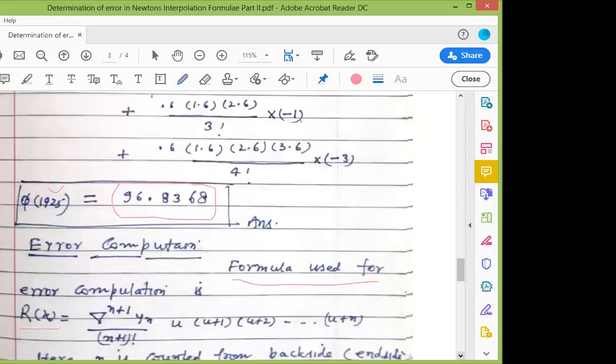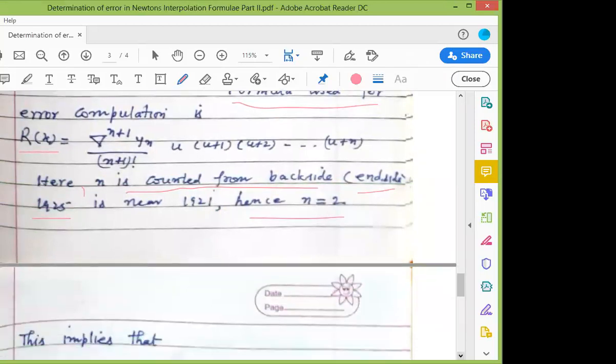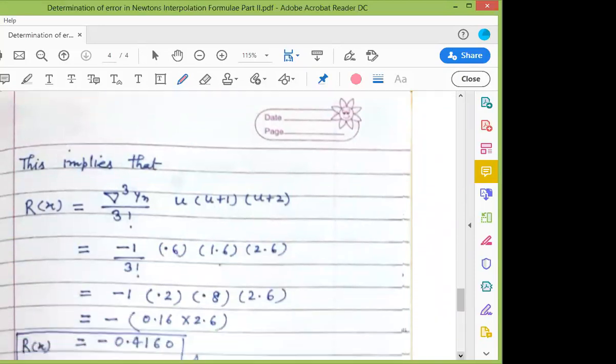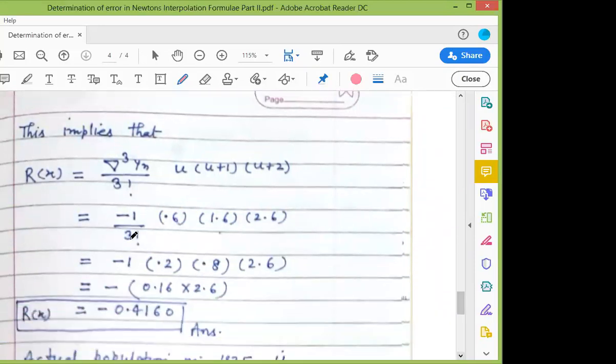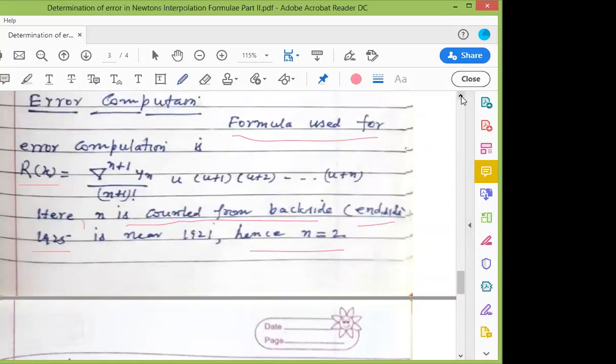Okay, you look here where I was. So this will be 3 factorial, and this will be the third backward difference. The u plus 1, you can also put v plus 1, it doesn't matter. Once we have given the concept, here u is what? Have we computed u or not here?